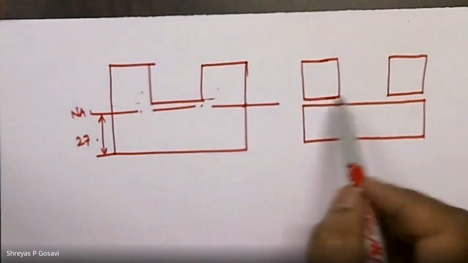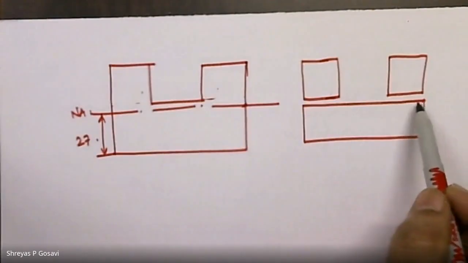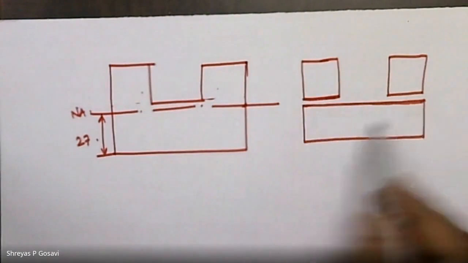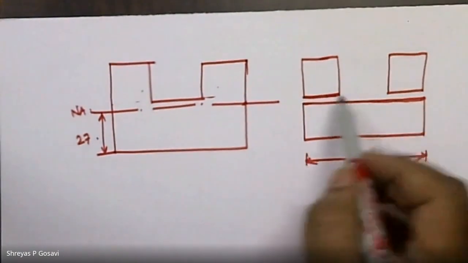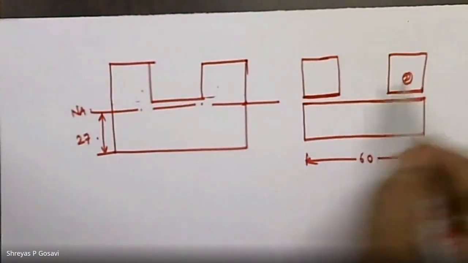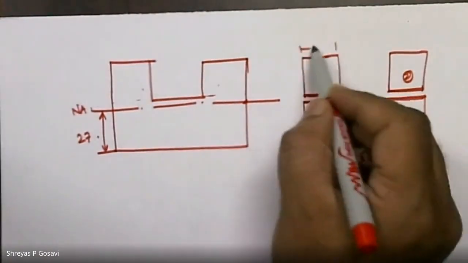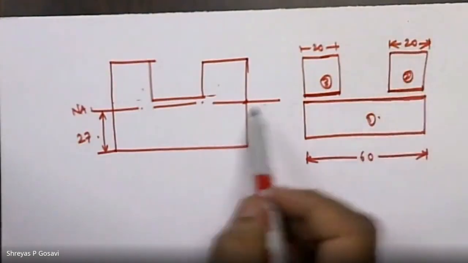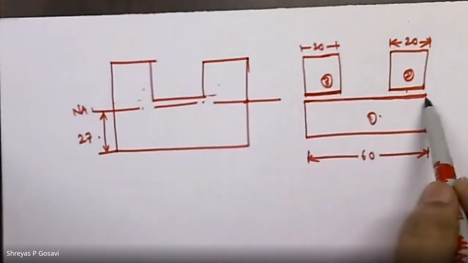So shear stress needs to be computed about this width, total width, which is equal to 60, and about these two widths, of subsections 2 and 3, that is b equal to 20 plus b equal to 20. So shear stress will be computed for b equal to 40 and b equal to 60.